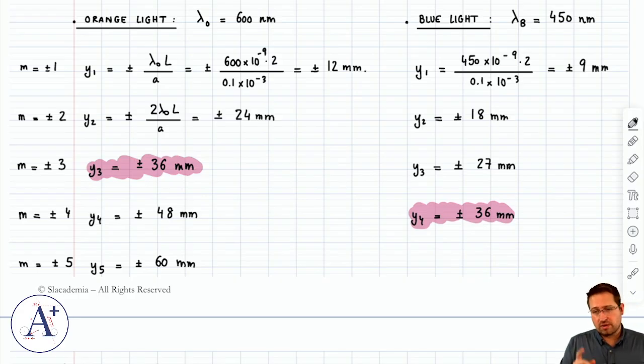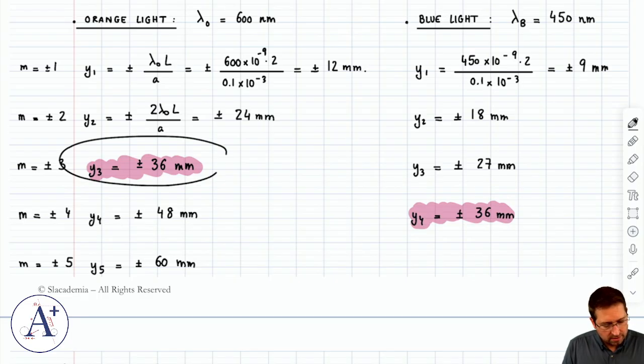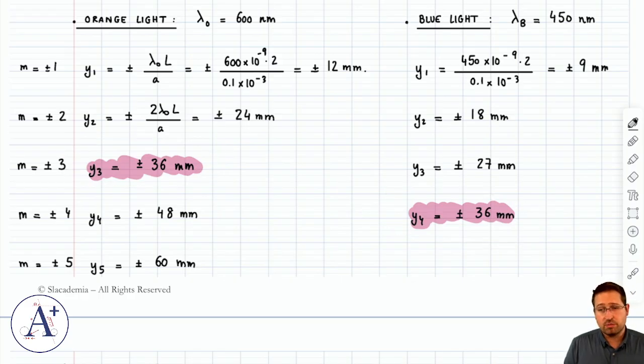Now we can keep going, or we can turn our brains on. This is the smallest common multiple of the two. The next one should be at double that, at 72 millimeters.